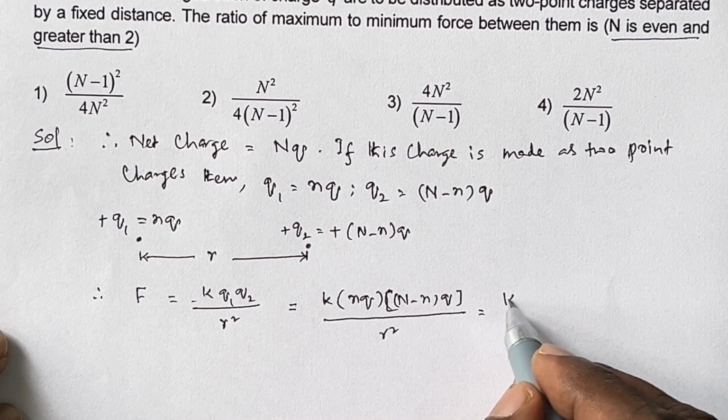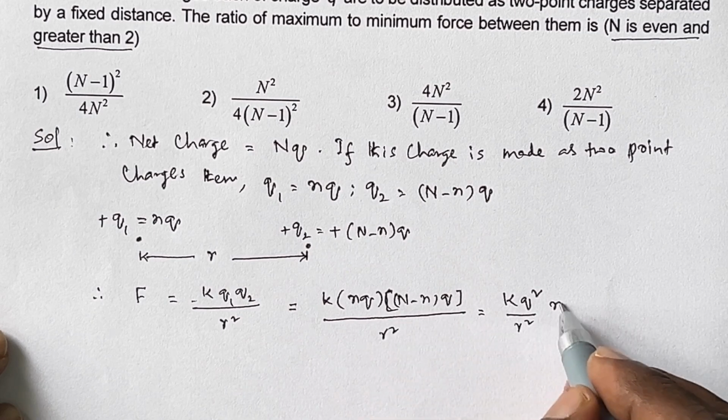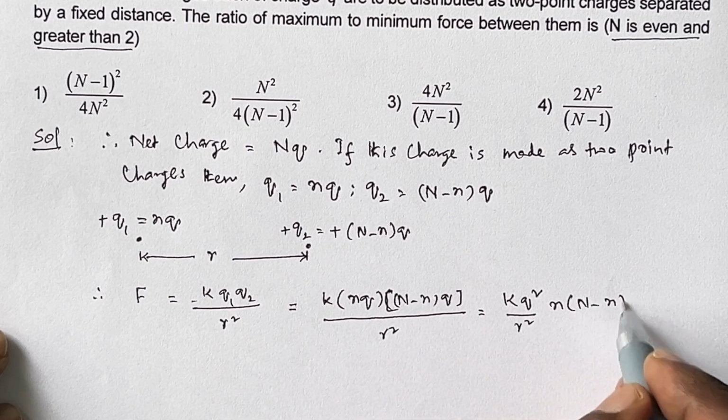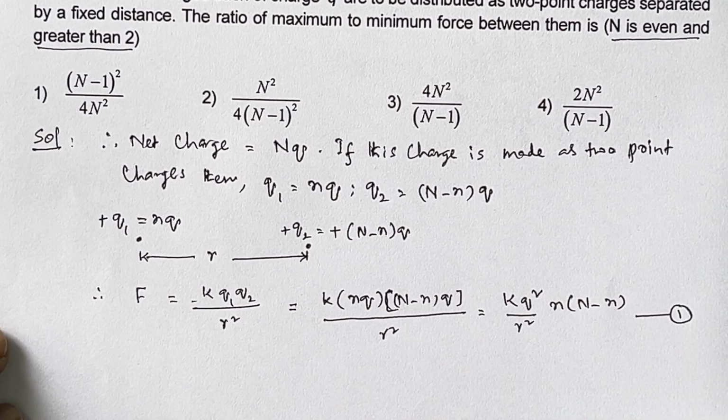So k Q square by r square, the remaining is n into N minus n. This is the equation we got for the force. So when will this force be maximum? When will this force be minimum? The ratio of maximum force to minimum force is what we've been asked to calculate.